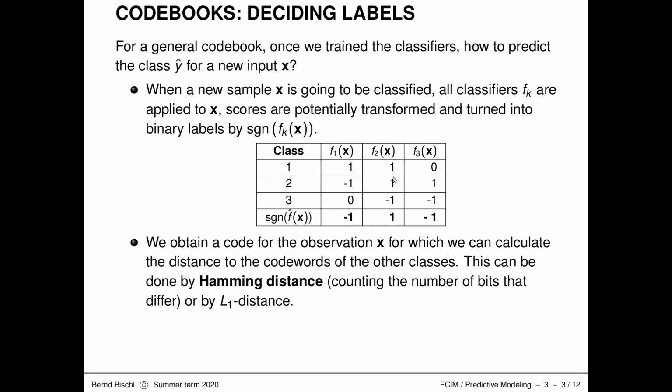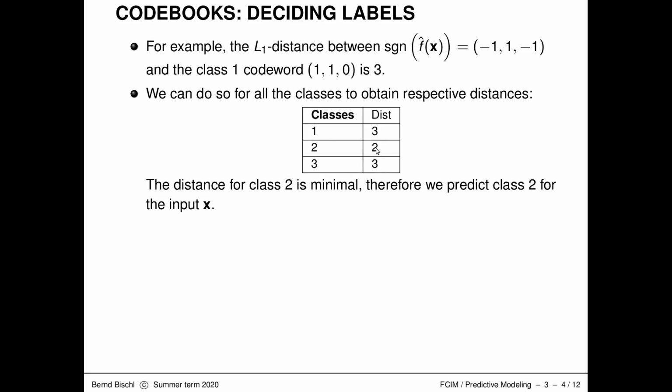That's a 0 difference here, a 0 difference here, and a 2 difference here. So the overall distance to class 2 would be 2. And again, there's a difference of 3 from this guy to this guy. So I would actually pick the second class and predict that, because here the L1 code word distance is minimal.